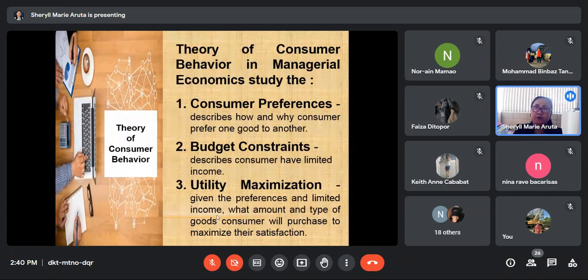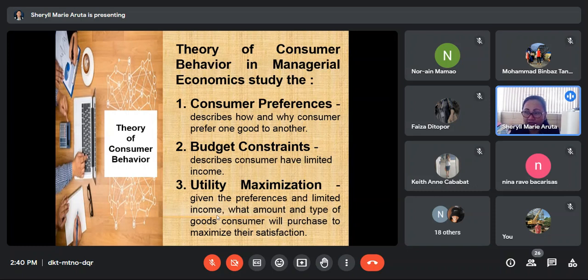So, when we associate satisfaction sa atong economics or managerial economics nga study, tulo ka buok ang nagdetermine ana nga theory. So there is the theory of consumer preference. Since we are associating the consumer with an income, atong tan-awon ang budget constraint.